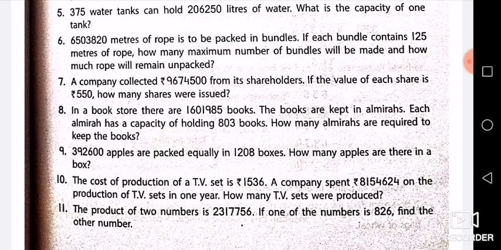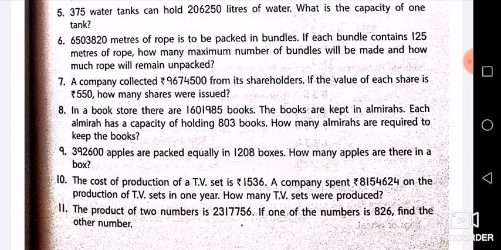Value means cost, that is how much rupees you will spend to buy it. So you have to find out how many shares the company issued in rupees 96 lakh 74,500. Quite easy question. You can do it easily.